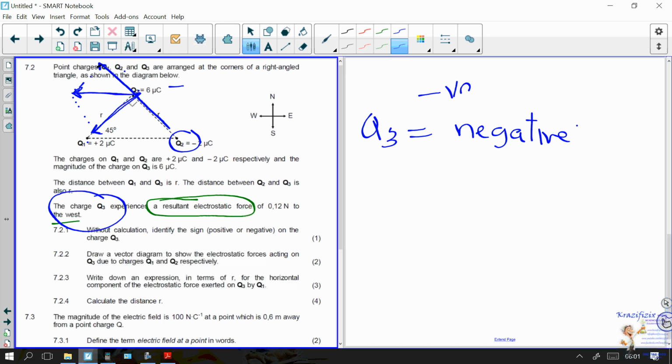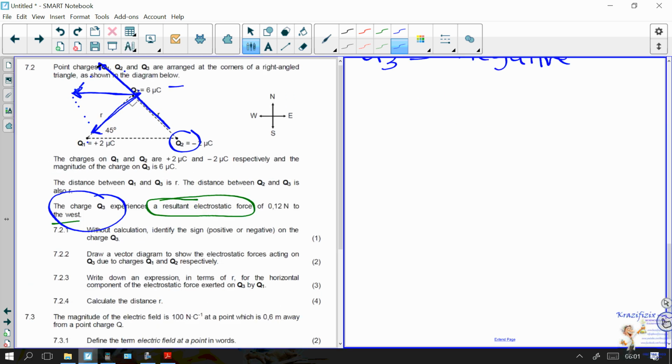So this is about knowing how to draw your vector diagram. Grade 10, tail to tail, tail to head, and your resultant force. Draw a vector diagram. Now you see what the examiner wants: to show the electrostatic forces acting on Q3 due to charges Q1 and Q2. What do we use? We use a dot. So I'm going to have a straight line there, and another one there.